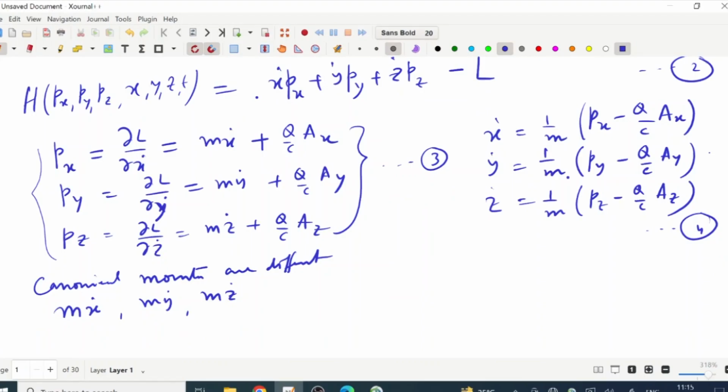Okay, so with this point let us substitute equation 4 in equation 2. So the Hamiltonian, let me write in a smaller script.